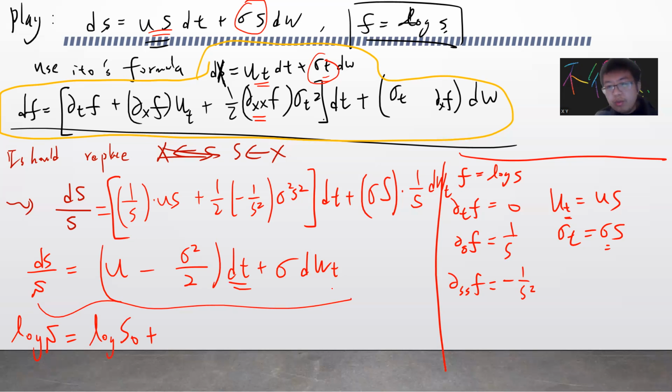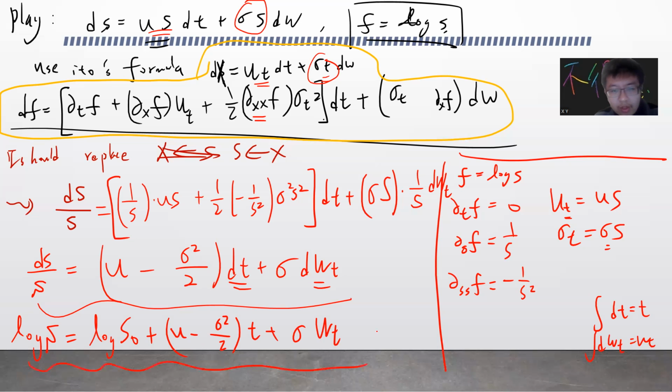But these are two separated variables, so you just integrate each by itself: mu minus sigma squared over 2 times t, plus sigma Wt. This is trivial because the integral of dt is t and the integral of dWt is Wt. So this is the result.